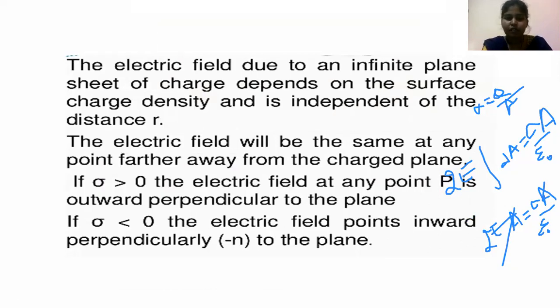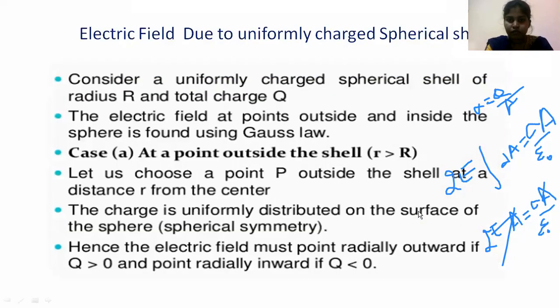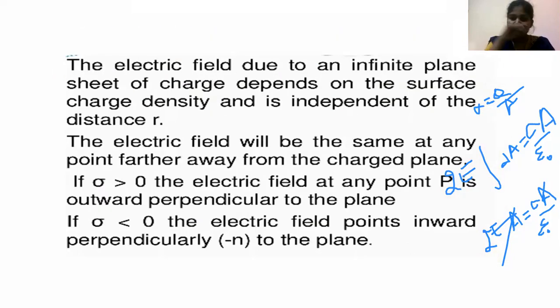The electric field due to an infinite plane sheet of charge depends on the surface charge density and is independent of the distance R. Wherever you take the R value, whether going toward the plane sheet of charge or away from it, it depends only on sigma, the surface charge density, and epsilon naught.